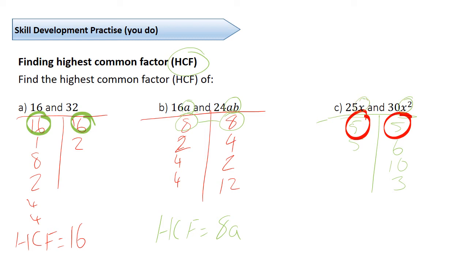So again, my HCF, is my pen gone? Here it is, HCF. Running out of ink. Okay, well my HCF is going to be 5x. There we go, got there eventually.